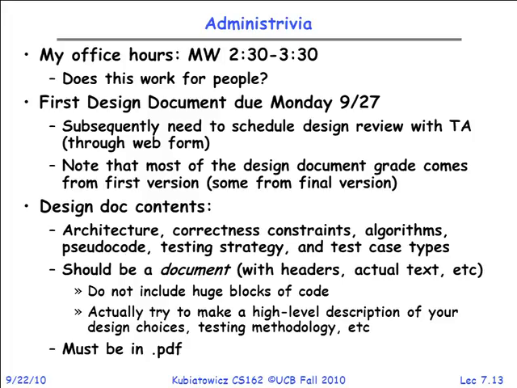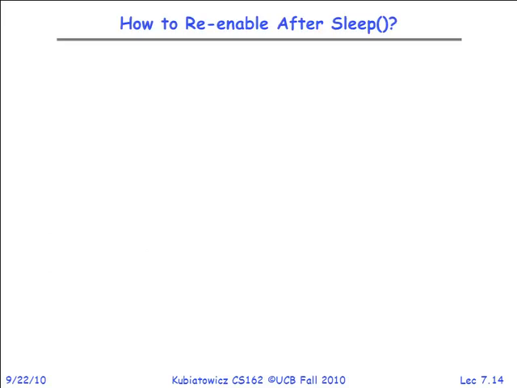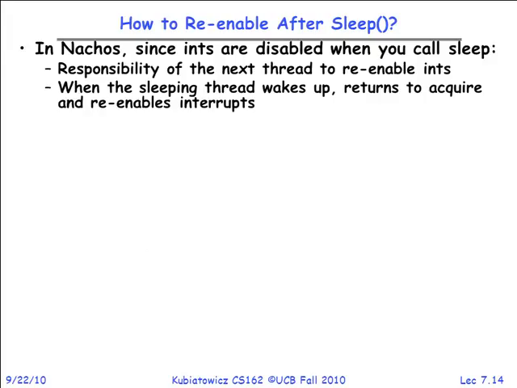Okay. Let's talk about sleep a little bit more here. If you look deep in Nachos, you'll find that basically interrupts are disabled when you call sleep. And interestingly enough, it's the responsibility of the thread that just wakes up next to re-enable them. For instance, Thread A is running along.